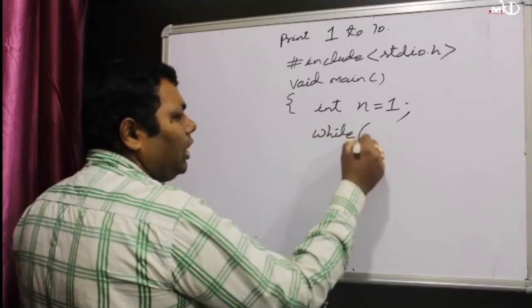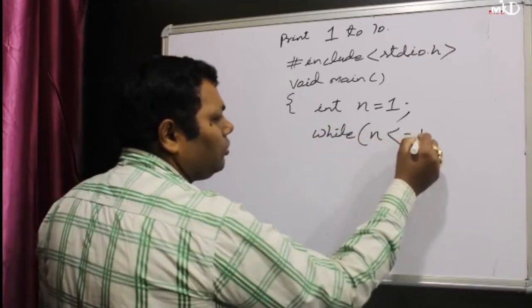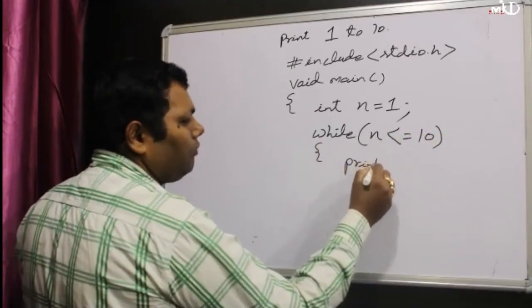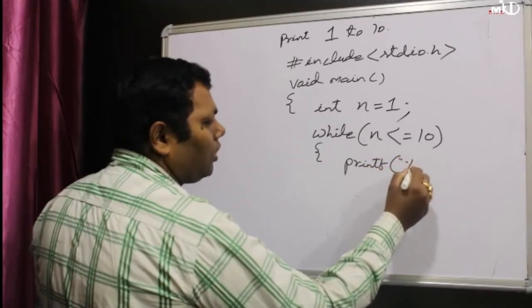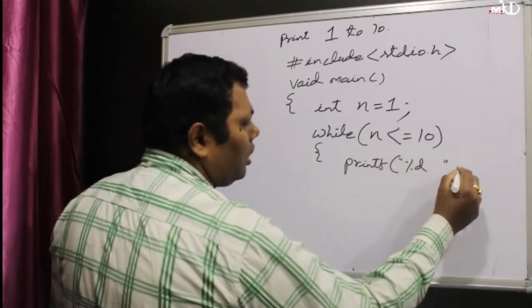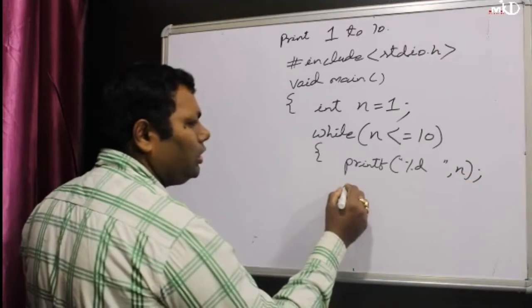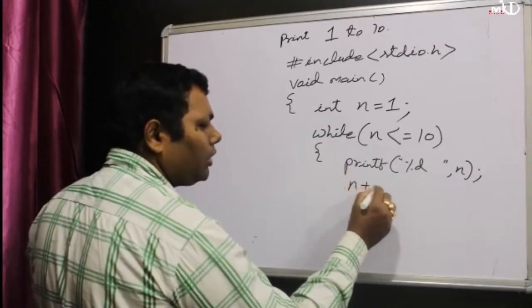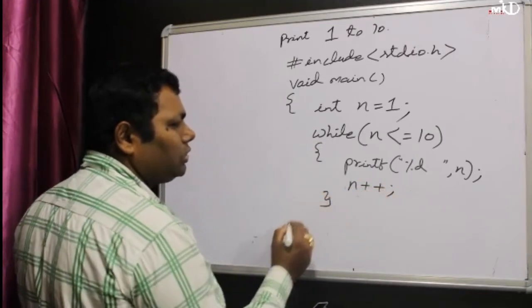While n is less than or equal to 10, printf the value of n, then increase the value of n by 1, then close and close.